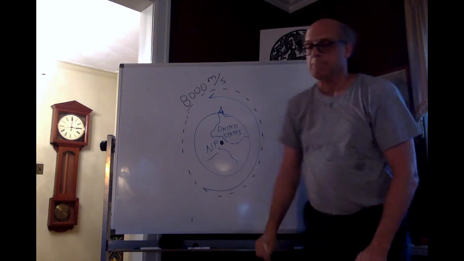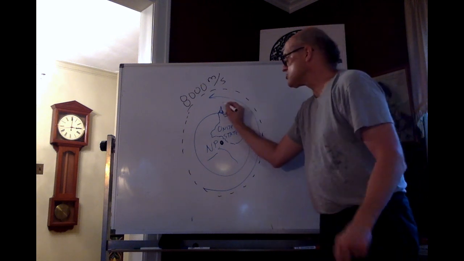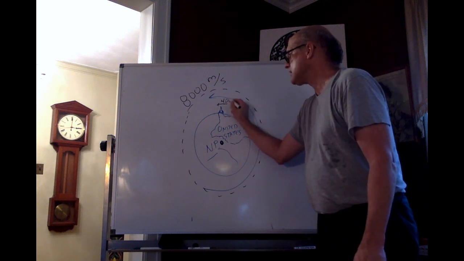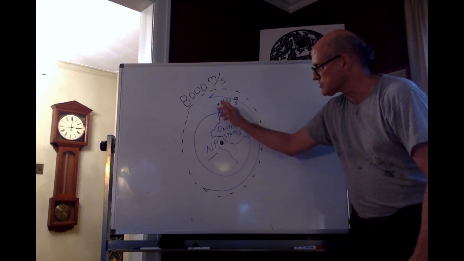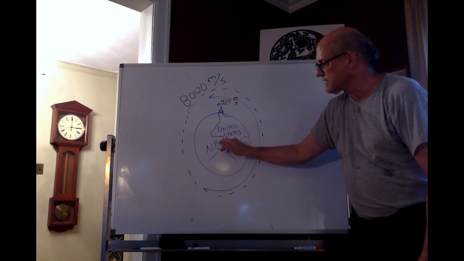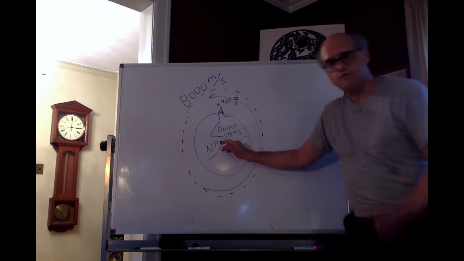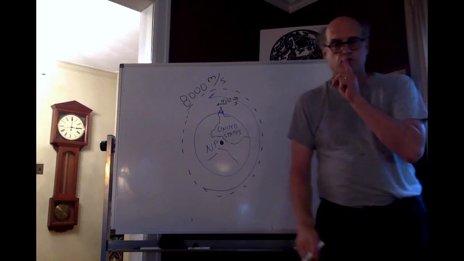Okay. Now, the surface of the Earth is, let's say, traveling at approximately 400 meters per second relative to the Earth, right? So if you imagine the Earth here as fixed, the surface relative to that fixed point is traveling at 400 meters per second.